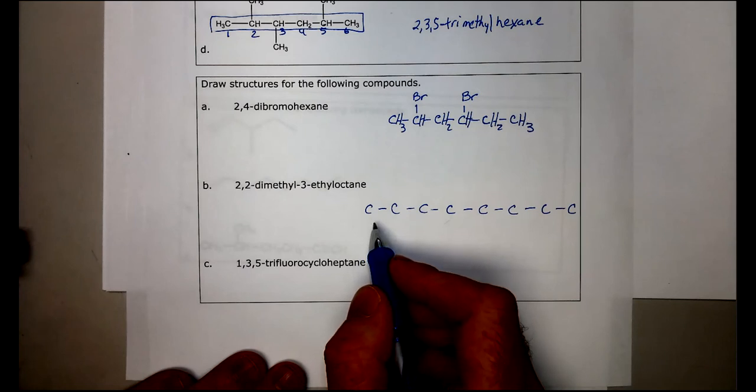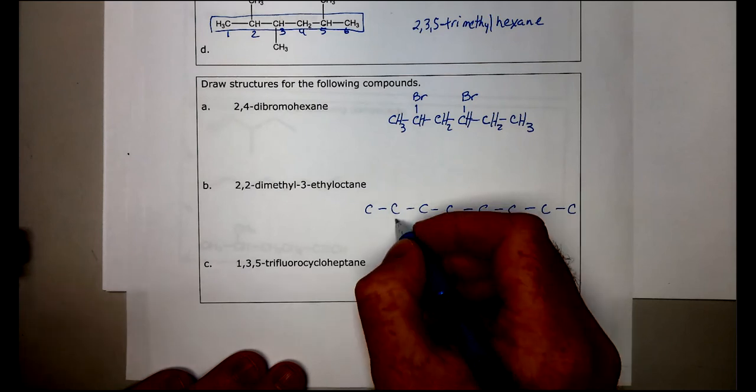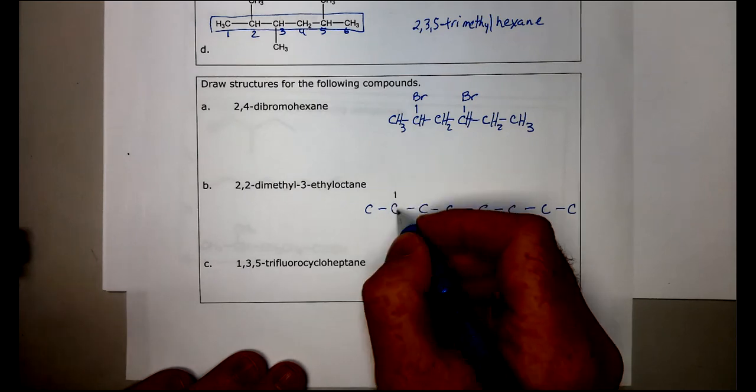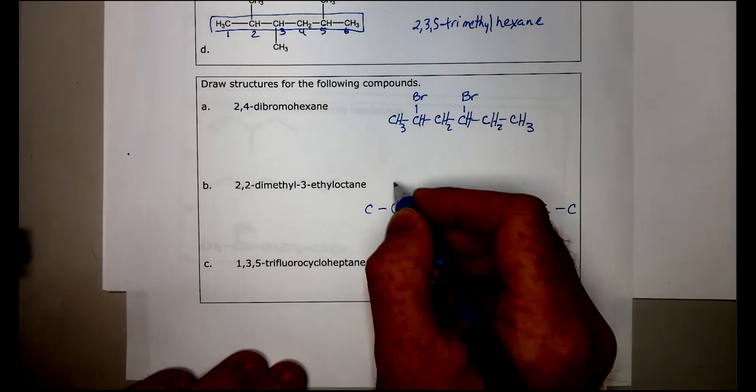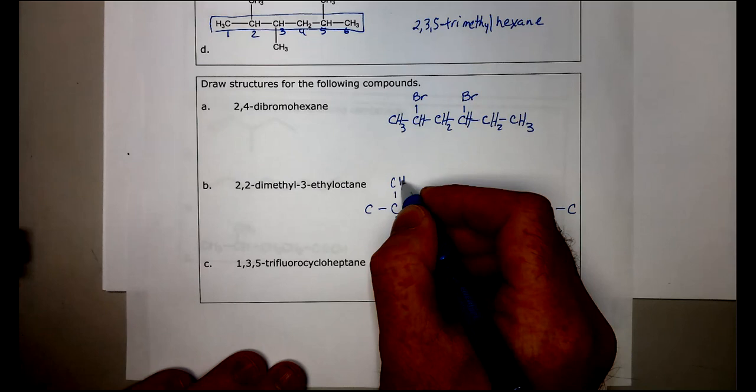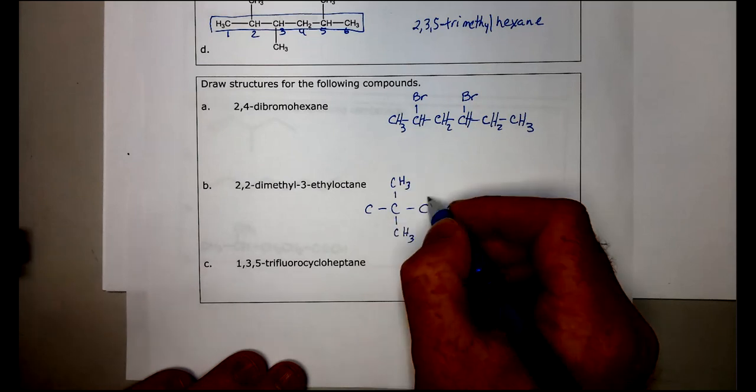So it's 2,2-dimethyl-3-ethyloctane. So when it's 2, 2, that means the methyls are on the same carbon. And 3-ethyl.